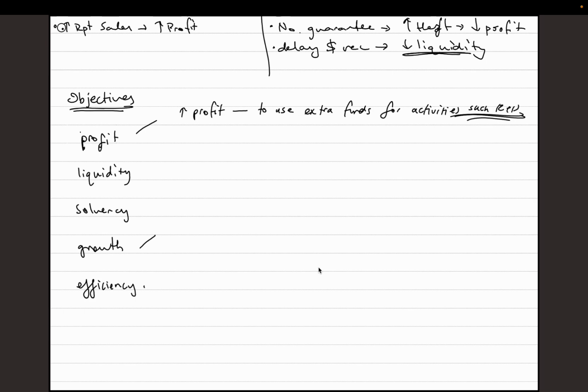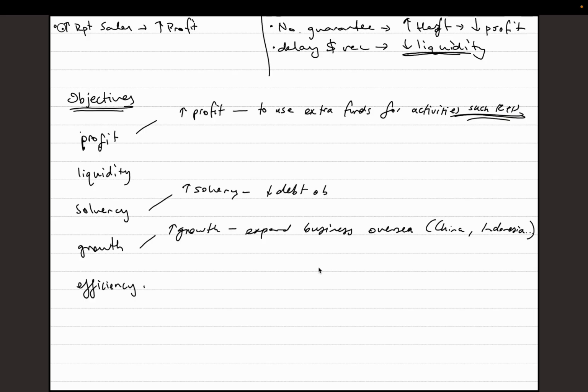Same thing with growth. So like increased growth allows us to expand business overseas. So we're getting overseas, and then we can even give a country, like we can say overseas to China, to Indonesia, right? Whatever it might be. Solvency, so increase solvency, this might actually encourage the business to decrease debt obligations and go public.